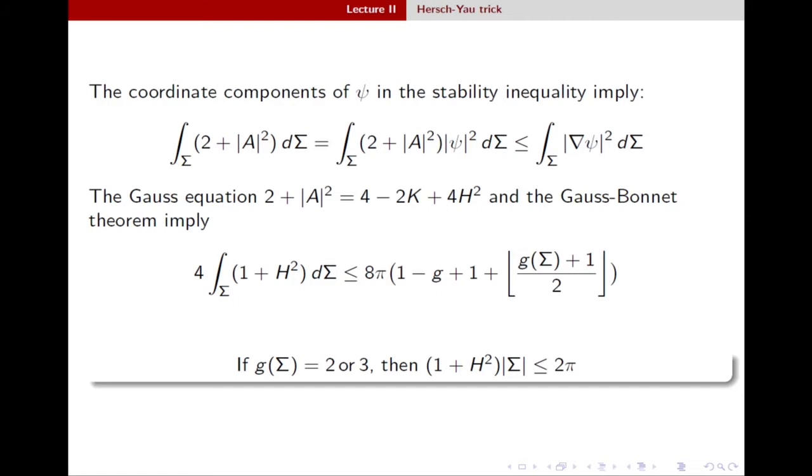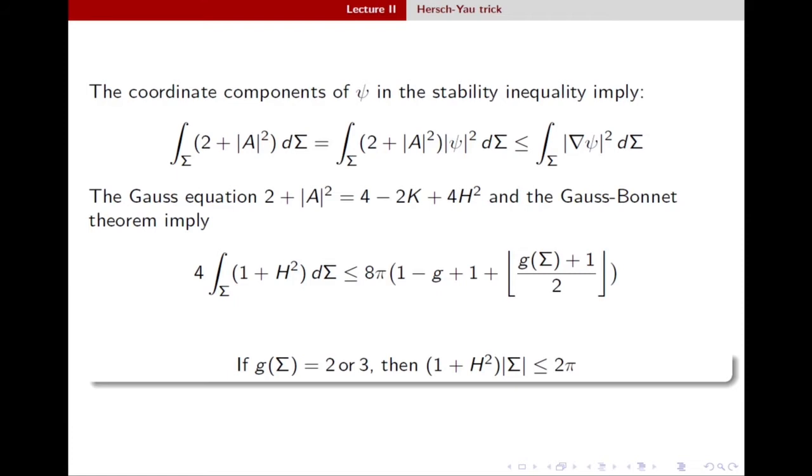And the second remark is that if you are interested in hyperbolic 3-manifolds, then the left hand side in the inequality above can be negative, right? And so there is no topological restriction for stable CMC surfaces in hyperbolic 3-manifolds. And in fact, you can construct one of each genus in the right spaces.